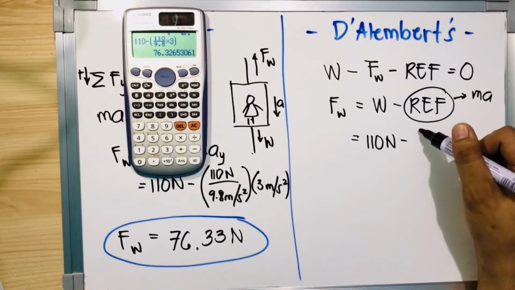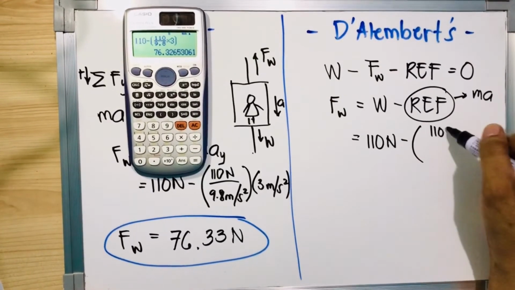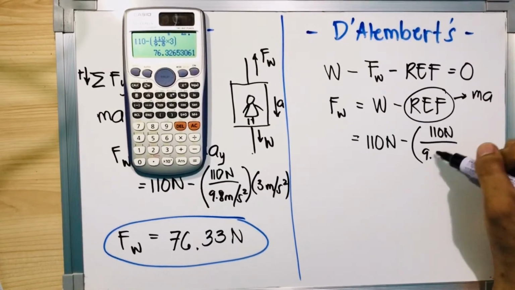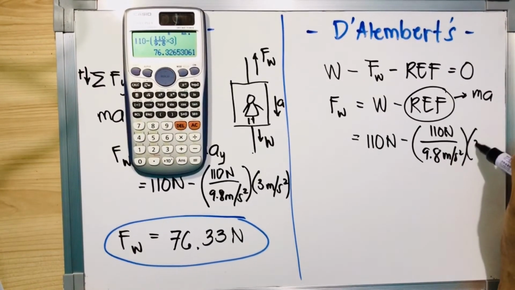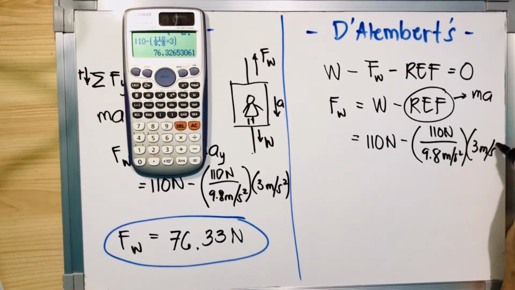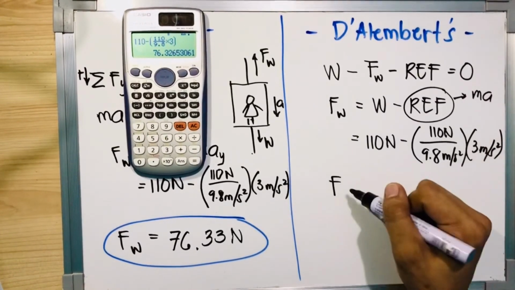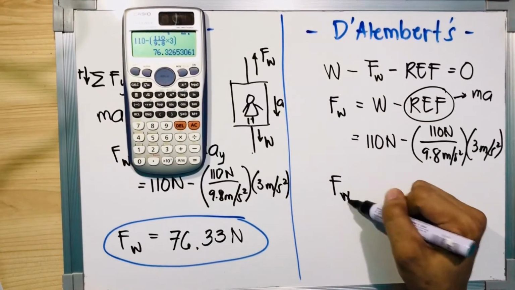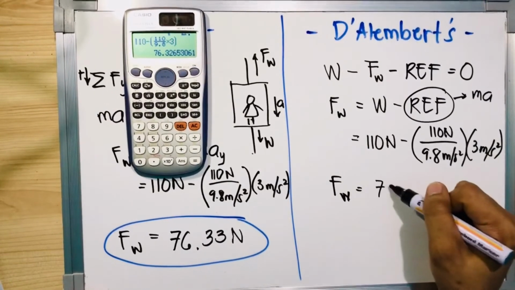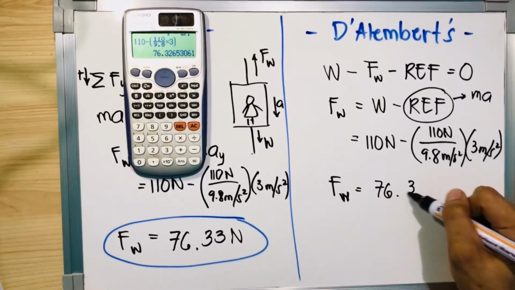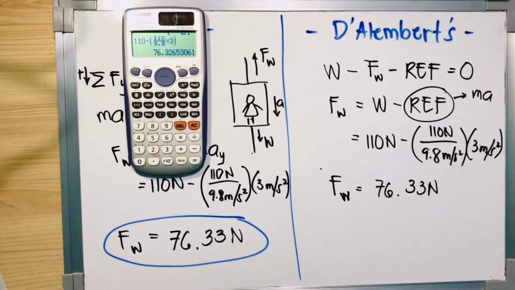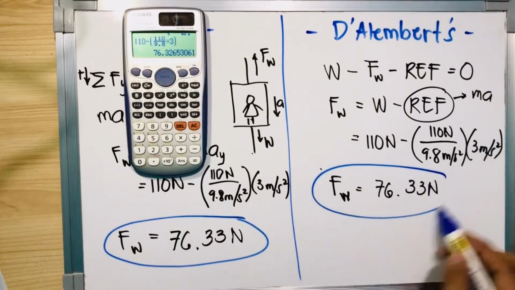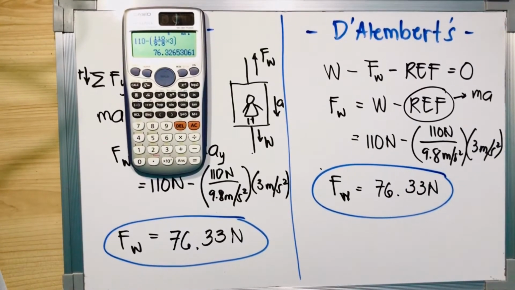And MA is mass 110 newtons divided by 9.8 meters per second squared. At same lang, 3 meters per second squared. And we have force exerted by the woman is 76.33 newtons.